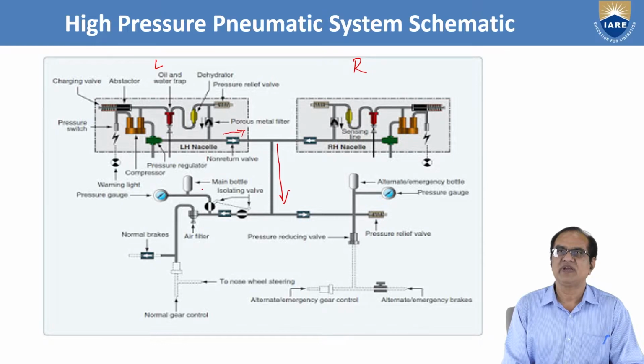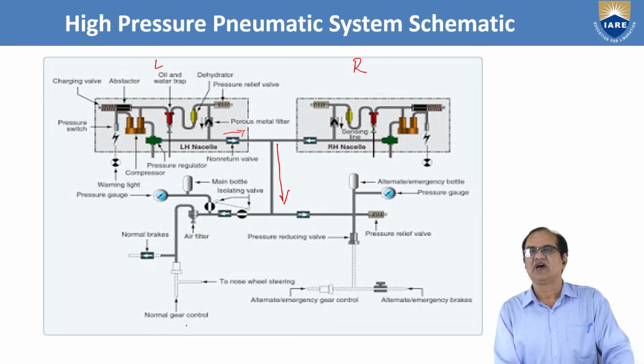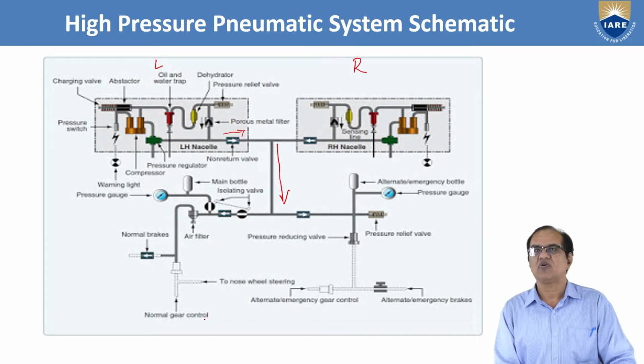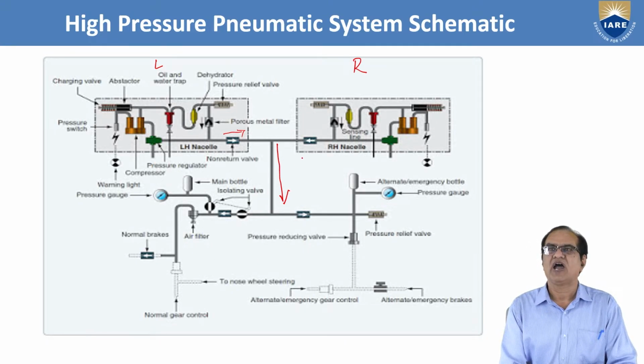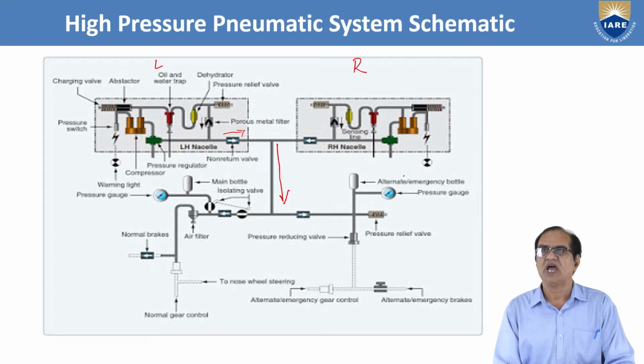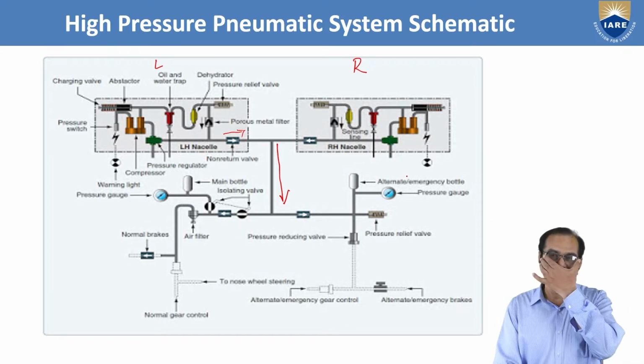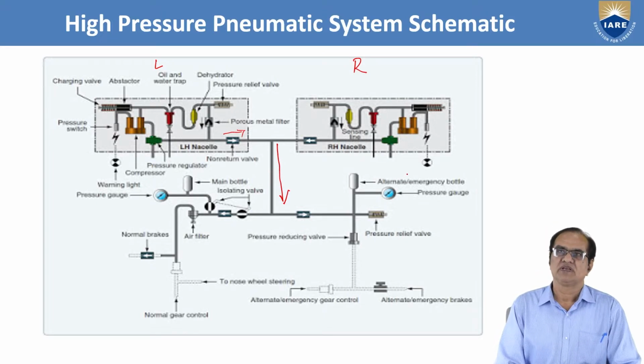Here this is the main bottle here, this is another bottle, and from here this can go to air filter, this go to the normal brakes and to nose wheel steering, normal gear control. All the systems are operated and these things are used here. So I have shown a very simple diagram of an aircraft.